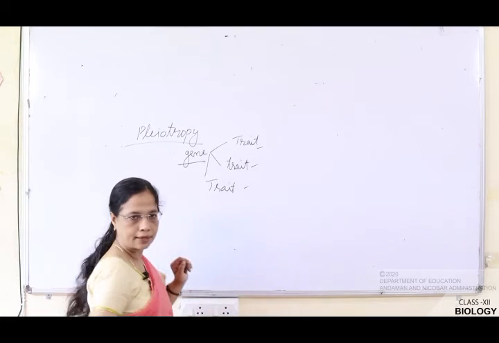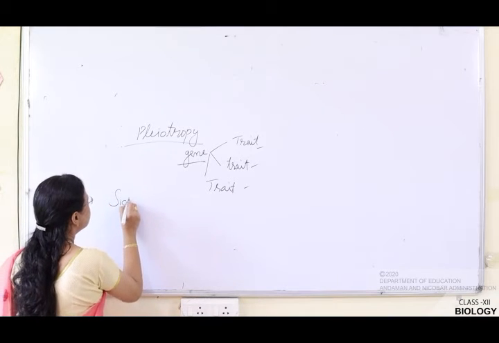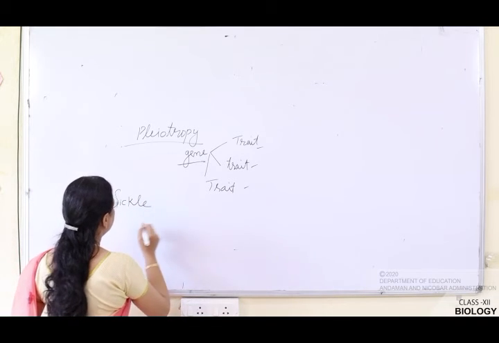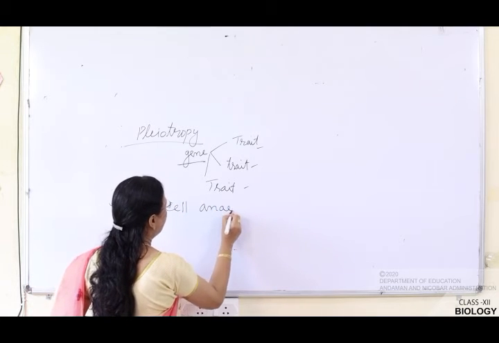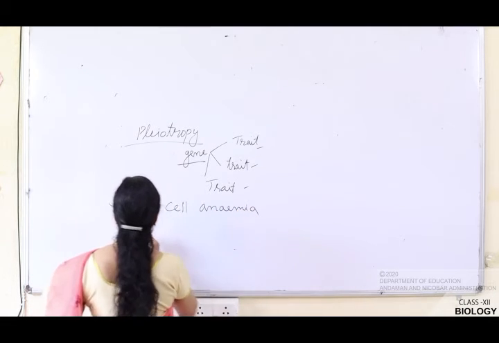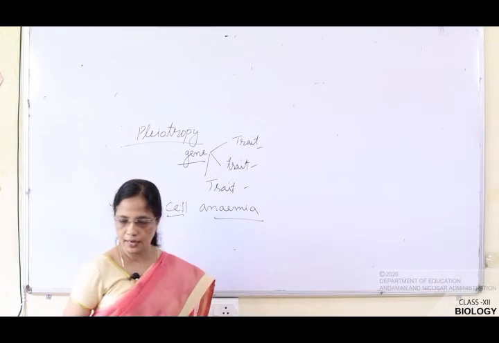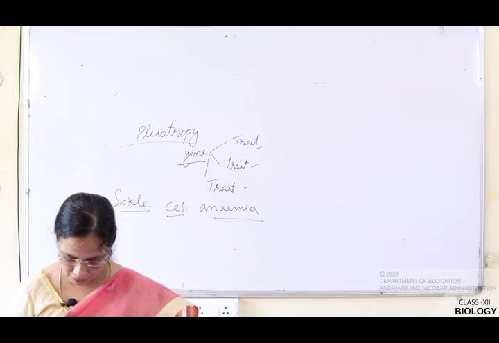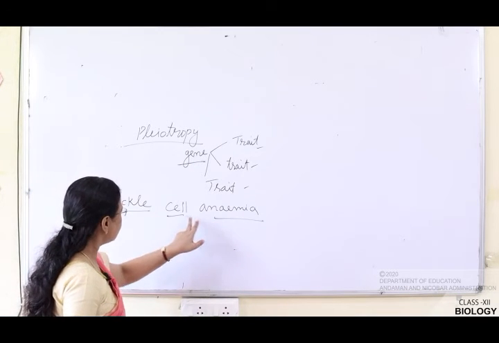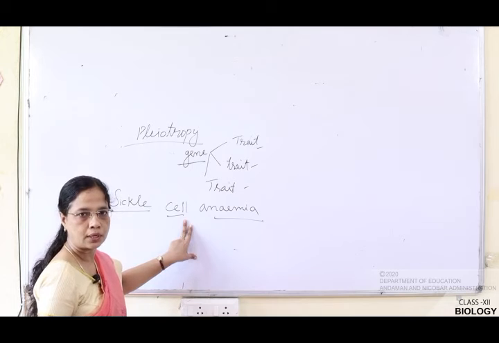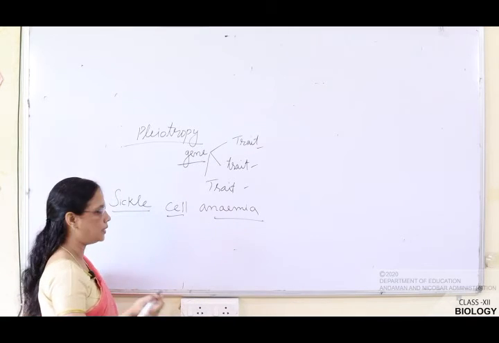Trait means character. The example is sickle cell anemia. Here you can see that this disease is due to a mutation which takes place in the DNA.